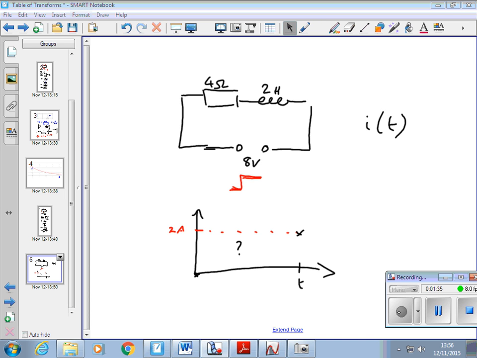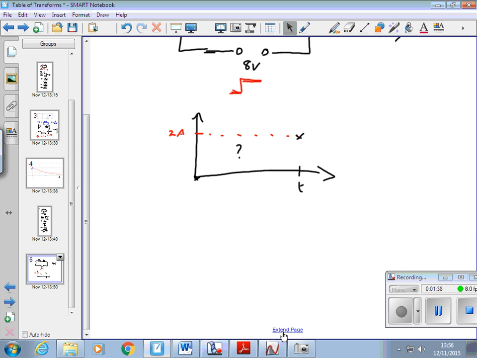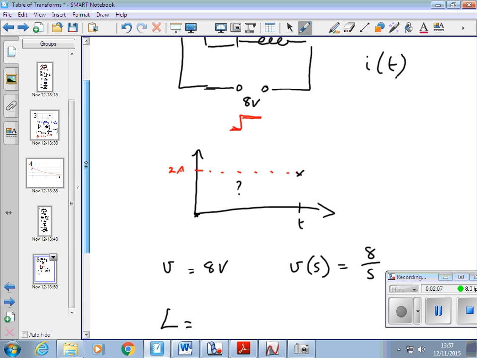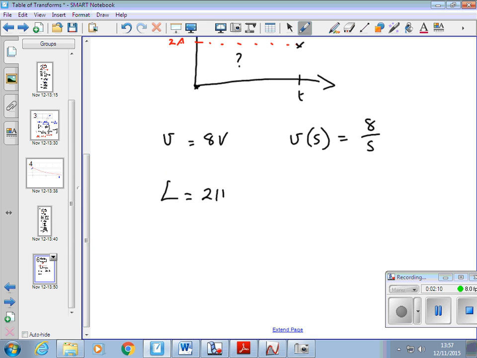So what we do is exactly what we did before. We write down what the Laplace transform is for the voltage, the inductor and the resistor. So the initial step is exactly the same as it was before. The voltage is 8 volts, so therefore Vs equals 8 over S. If we look at our table, we'll find that for the inductor, which is 2 henries, the inductance in S space is just 2S.